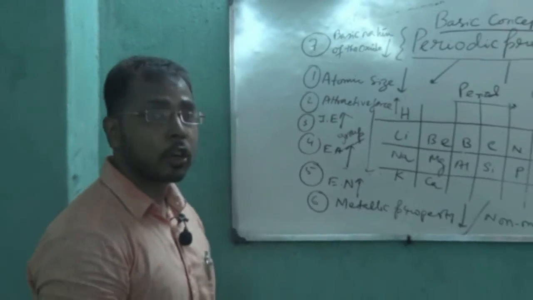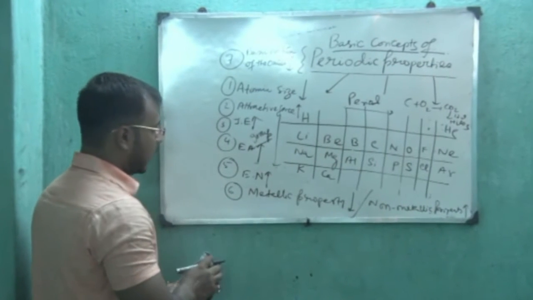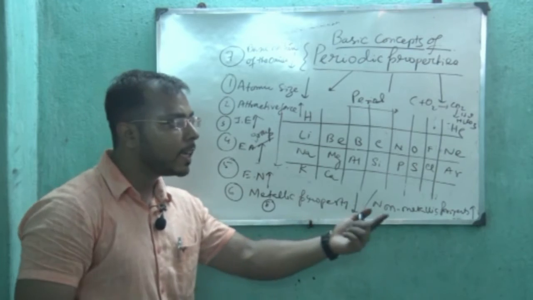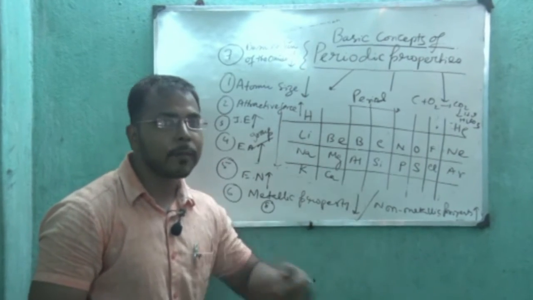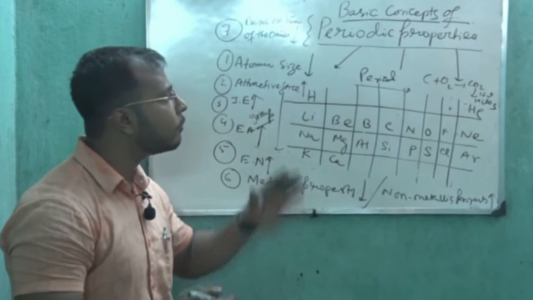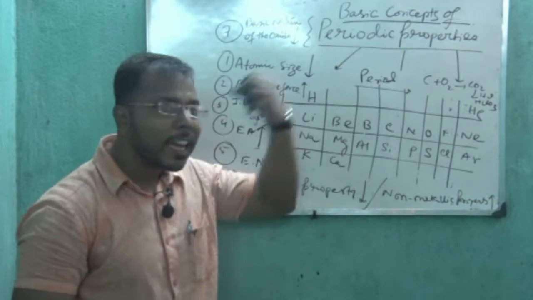And the last but not the least, that is point number 8. If I gain one electron, that means I am getting reduced. So if we move along a period from left to right, what is happening? Electron gaining power increases.